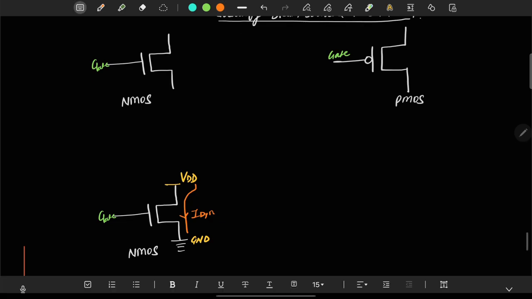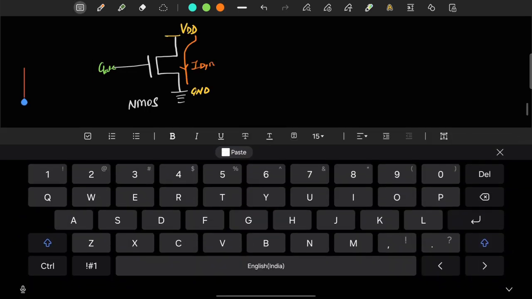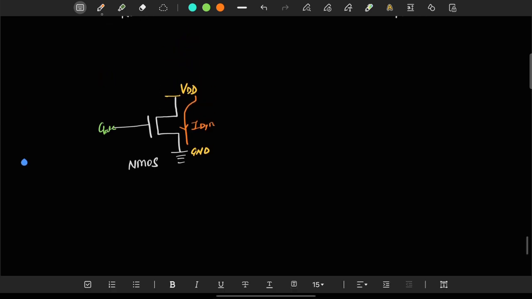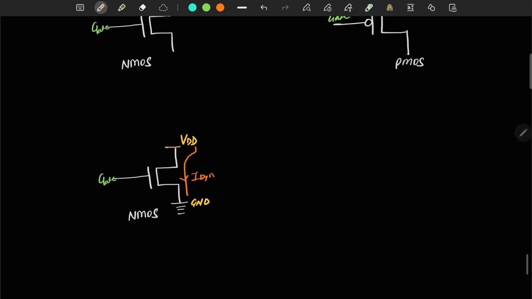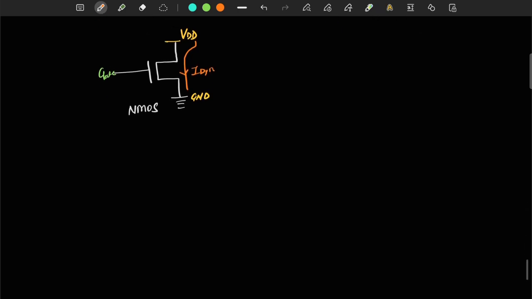Similarly, we will see for PMOS also, but let's finish the discussion on NMOS. We want to identify which is drain and which is source. This is the main question. For clarity, we should understand the construction.